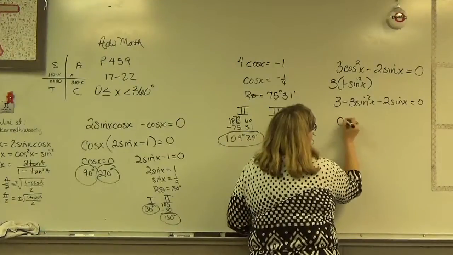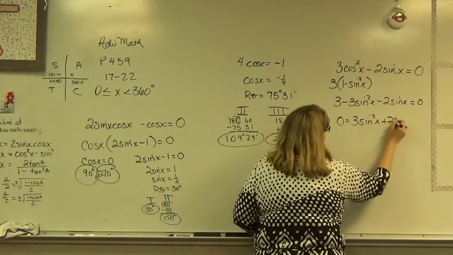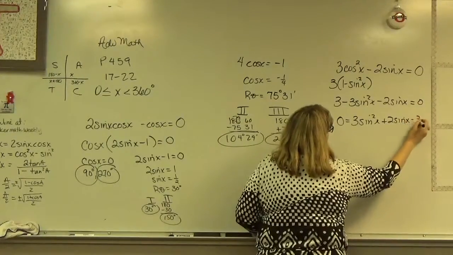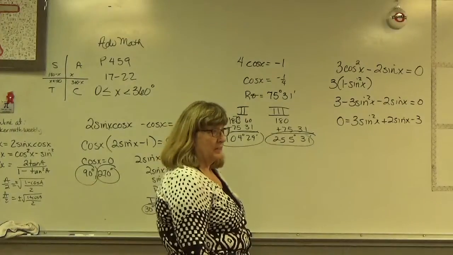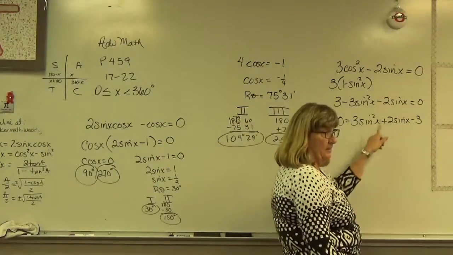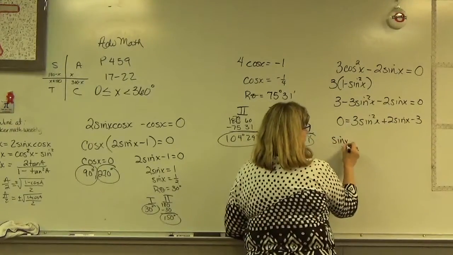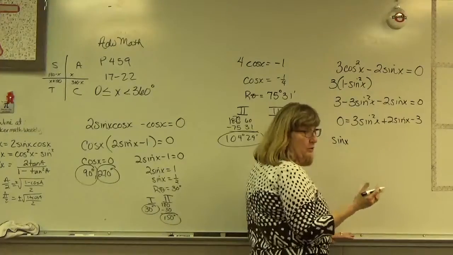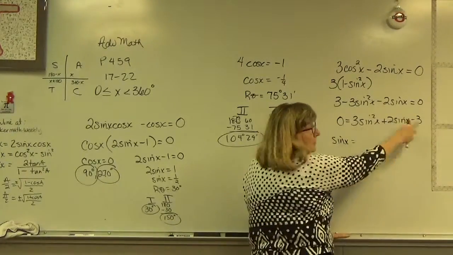So this would be 0 equals 3 sine squared plus 2 sine minus 3. And then it's a quadratic equation. Everybody see that? We're solving for sine, because that's our trig, but you still use the quadratic formula the way you normally would.